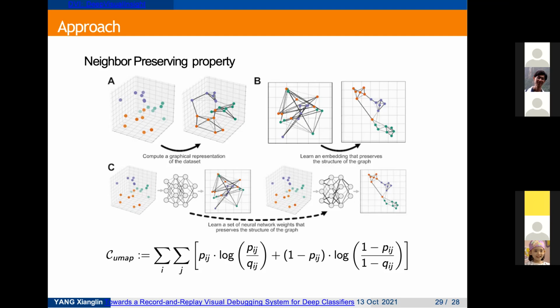And later, by learning an embedding that can preserve the structure of this graph, they can project the structure from 3D to 2D.